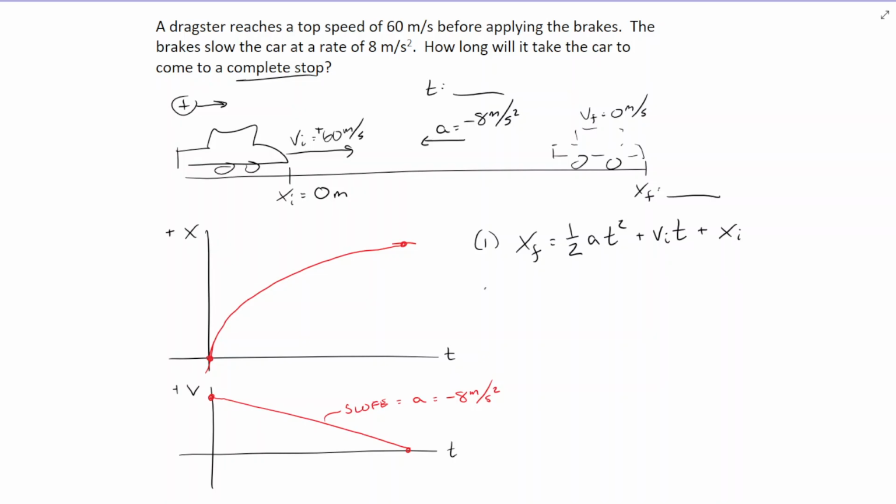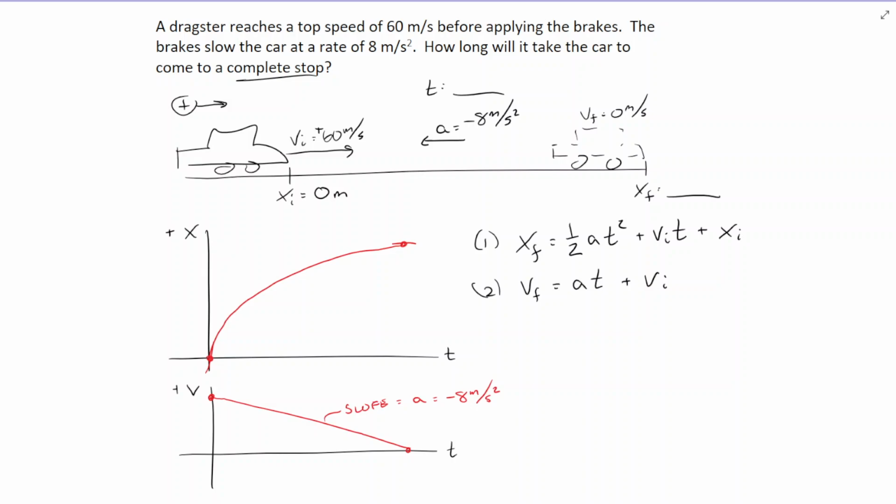We also have an equation for the velocity time graph, and that's a line which defines the final velocity as a times t plus v initial. So these are our two equations that will define where it's located, equation 1, and how fast and what direction its velocity in equation 2, both of which have time in there.